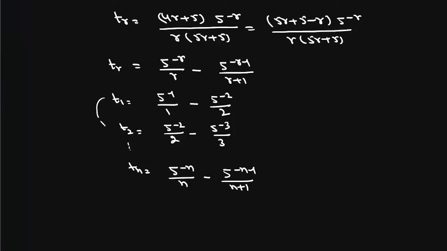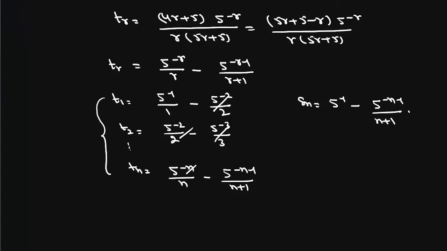Now if we add them, we'll get the sum of n terms. Now these terms will cancel. So the sum of n terms will be simply 5 to the power minus 1 minus 5 to the power minus n minus 1 upon n plus 1. And that is the sum of the first n terms.